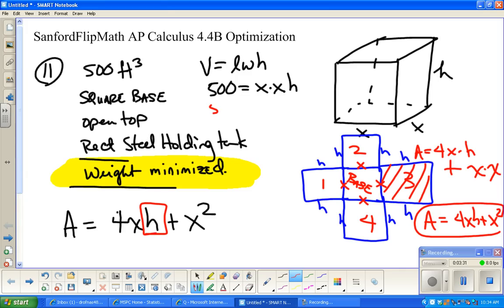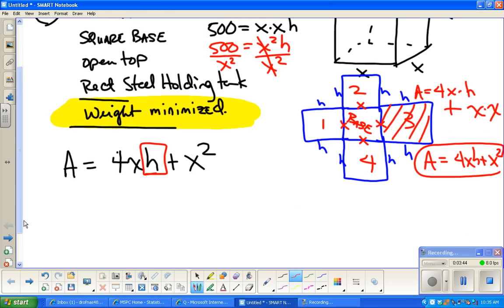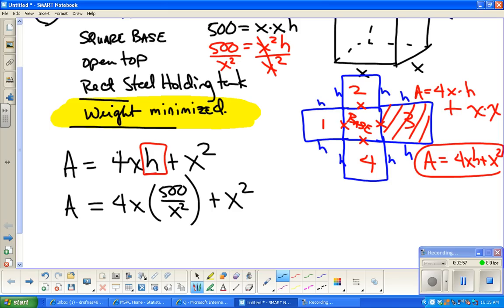This was 500 equals x squared h, and if I divide both sides by x squared, then h equals 500 over x squared. Let me rewrite this: area equals 4x times 500 over x squared, plus x squared, where the 500 over x squared is just the h.